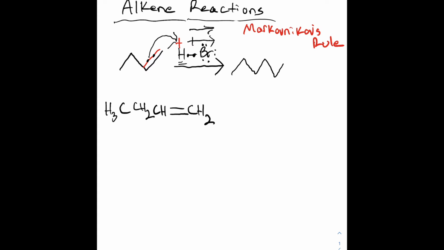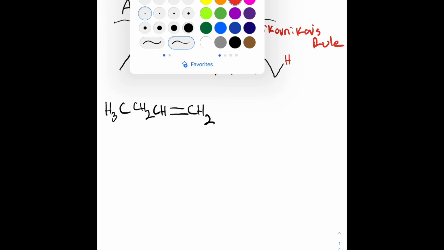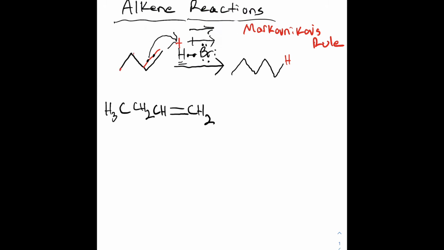I'll just write it in red so you can get the idea. So this bond is formed here. So you have 1, 2, 3, 4 carbons.